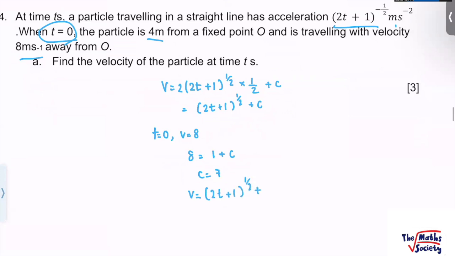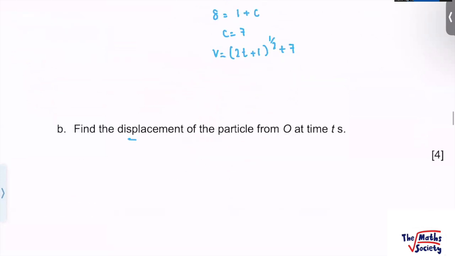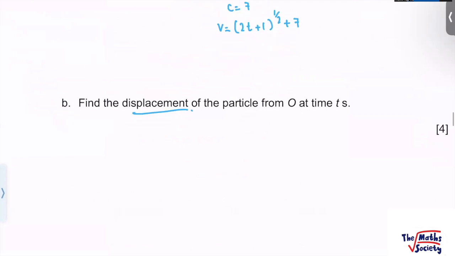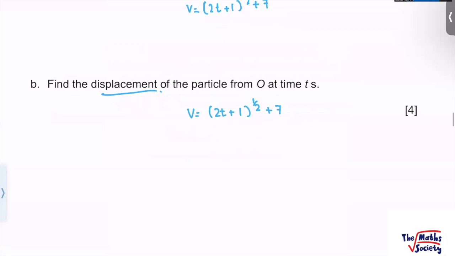And so let's find the displacement of the particle from O at time t. Let's write this back first: v equals (2t plus 1) to the power half plus 7. Then you will integrate. You'll have s equal to 2 over 3, (2t plus 1) to the power 3 over 2, multiplied by half, plus 7t plus c.